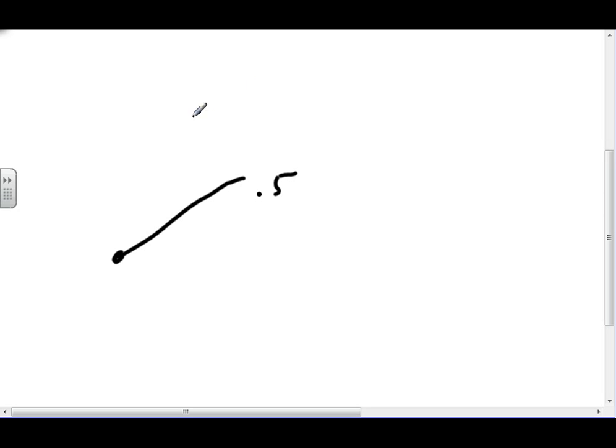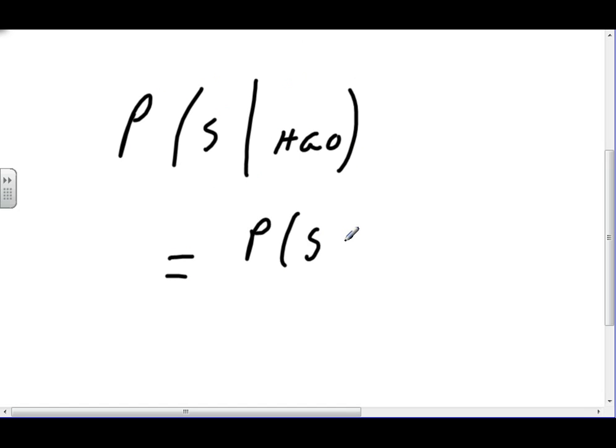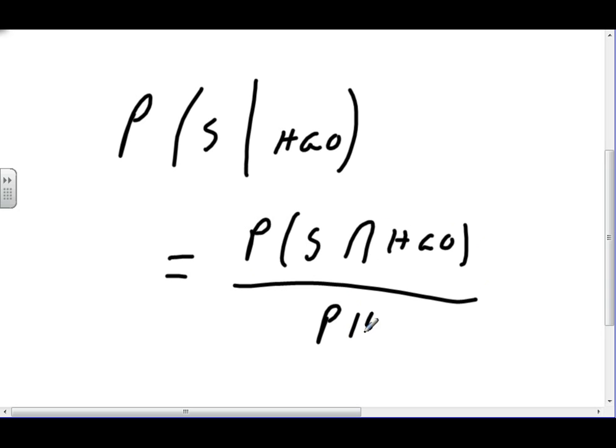Okay, so the probability of soil given high-grade oil equals the probability of soil intersection high-grade oil divided by the probability of high-grade oil.